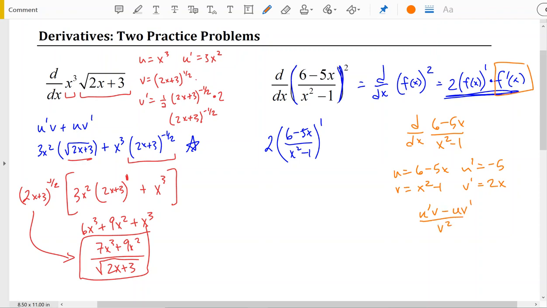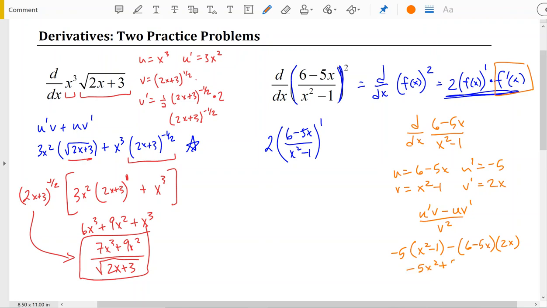In this case, if you get the order mixed up, that is a problem since we are doing subtraction on the top. U prime is -5 times v, x squared minus 1, minus u, 6 minus 5x, times v prime, 2x. I'll go ahead and simplify that and then put v squared on the bottom.